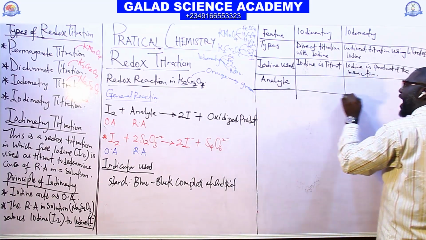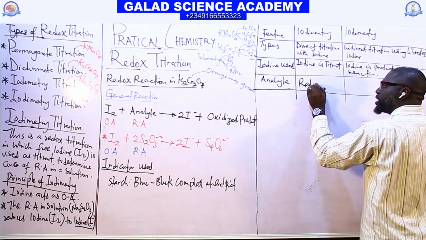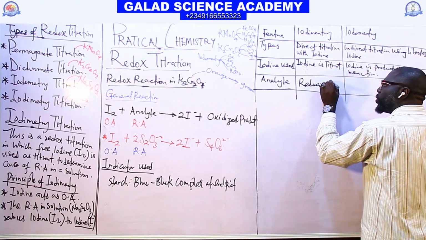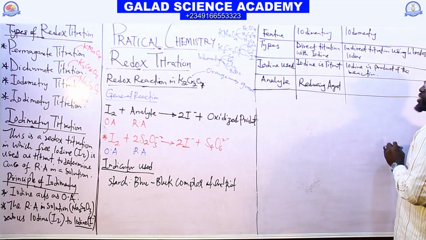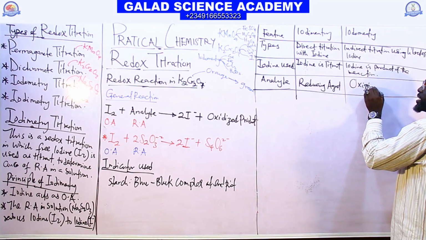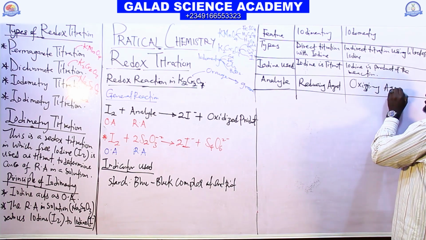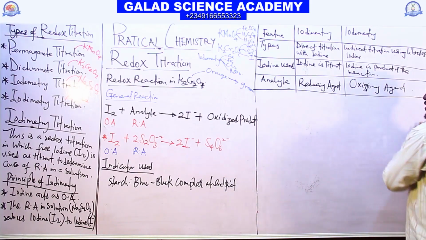The analyte in iodimetry titration is a reducing agent. The analyte in iodometry is an oxidizing agent. So these are the basic differences.